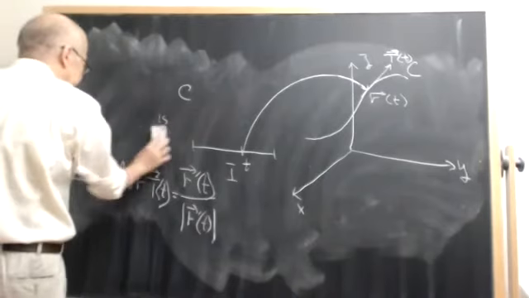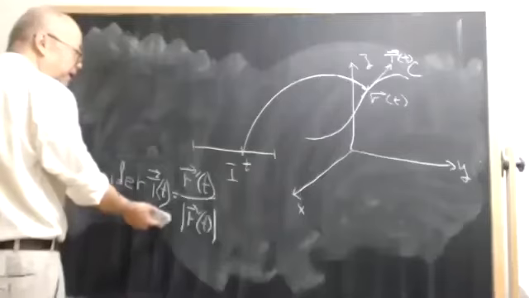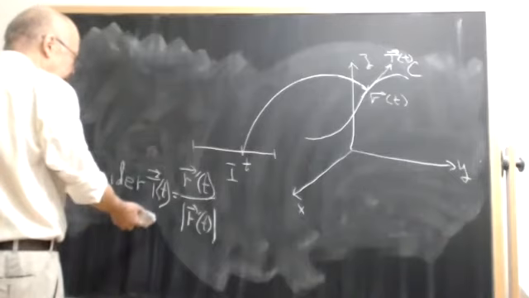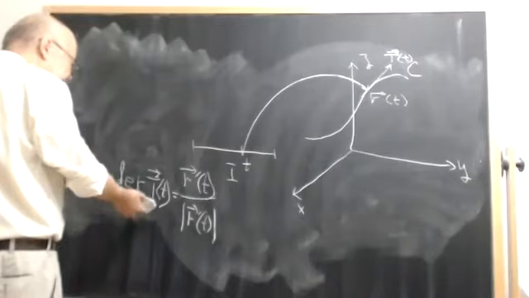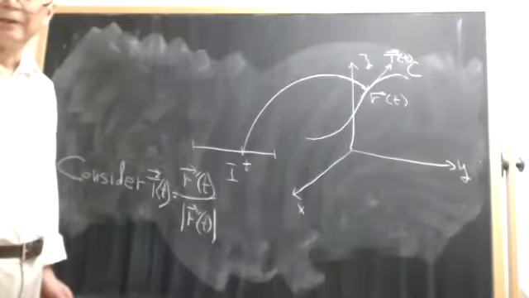Now, you have this unit tangent vector. Sir, can you go over how you got that equation? The T of t? I define this, and that's it. I think the formula is in section 13.2.